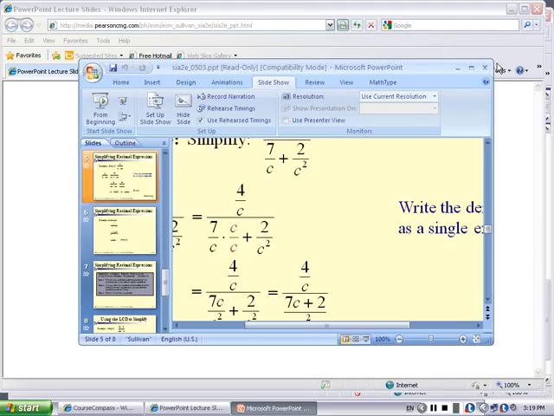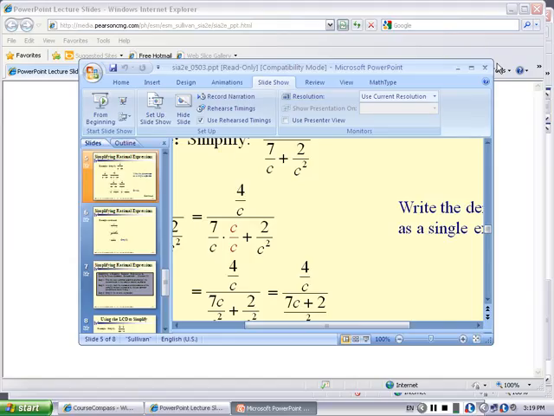Is that okay? So what do you have now? 4c over 7c plus 2. Bingo. You got it. Perfectly correct. So this is your answer. This is the approach where you use the long division line and write it as a division. Is that okay?